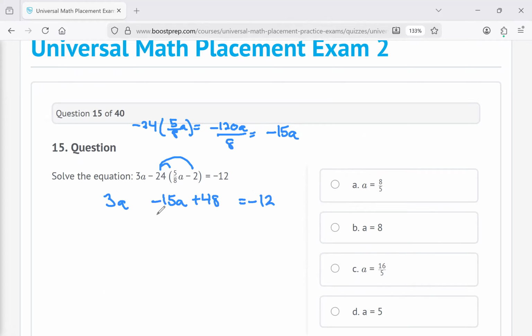Then what I would do, before I move things around, is select like terms, so you can collect this 3A and this -15A, right? That's going to be -12A. Now move the 48 to the right.